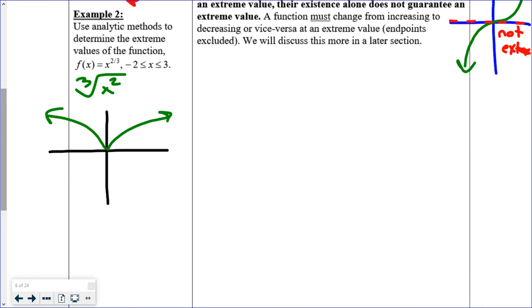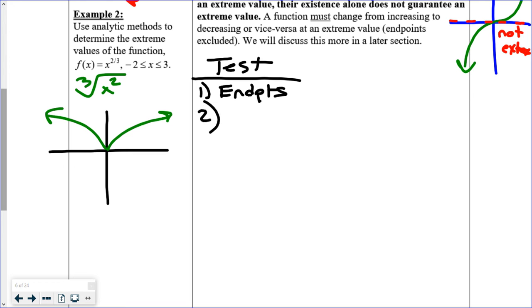Okay, so if we're looking for extreme values, remember we got to test three things. We have to test the endpoints, which in this case we were given endpoints. We won't always be. Sometimes we will be. We also need to test wherever the derivative is 0. That could be a max or a min. And we also need to test wherever the derivative does not exist.